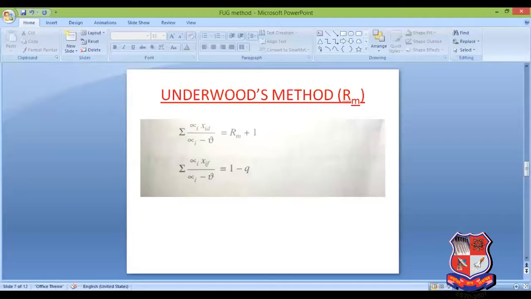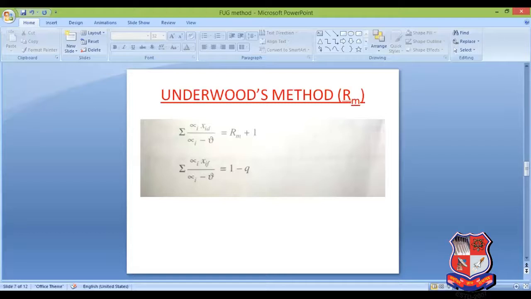Now two equations are used in Underwood's method. So to start with, we have to go with the first equation. You can see this equation: sigma of alpha_i x_if upon (alpha_i minus theta), right, is equal to 1 minus q.